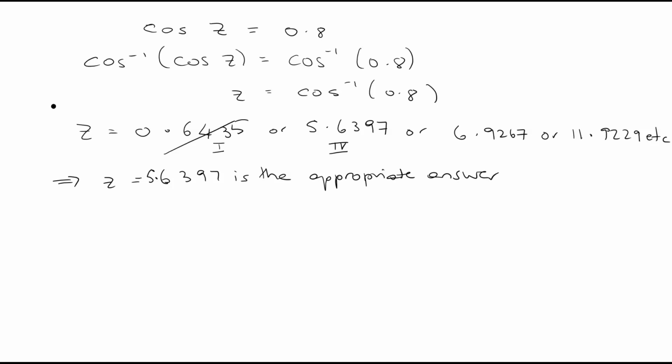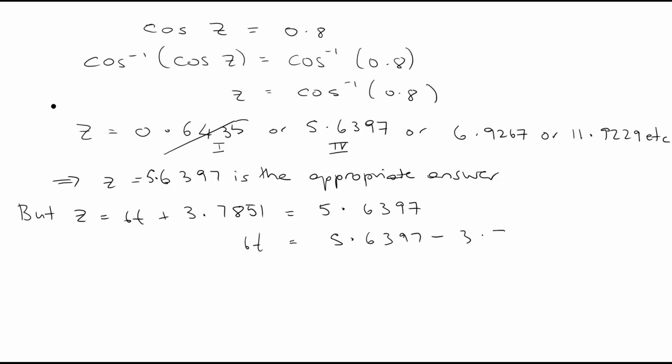We found z though, but we need to remember that we said that z was equal to 6t plus 3.7851. So now we have to say, well, that's equal to 5.6397. So 6t equals 5.6397 minus 3.7851.